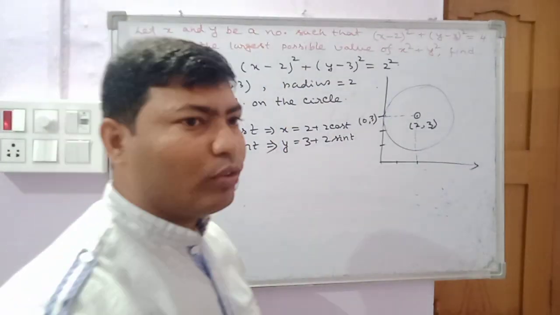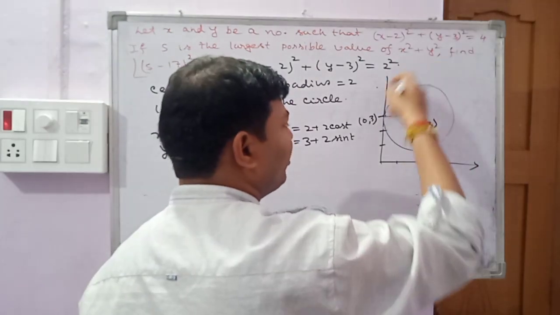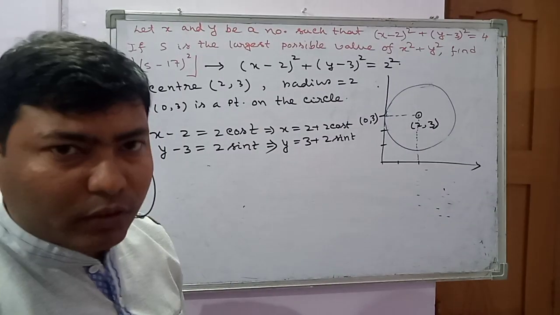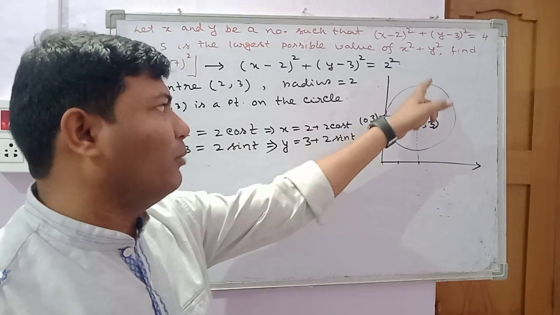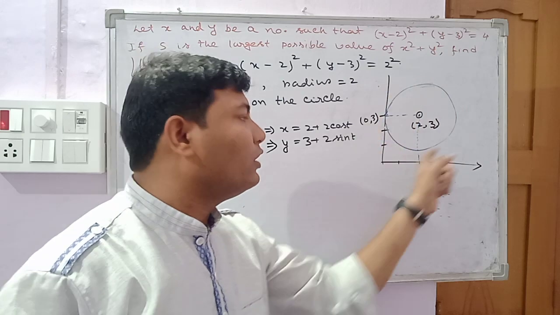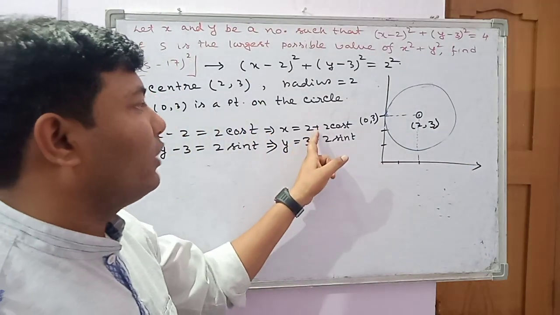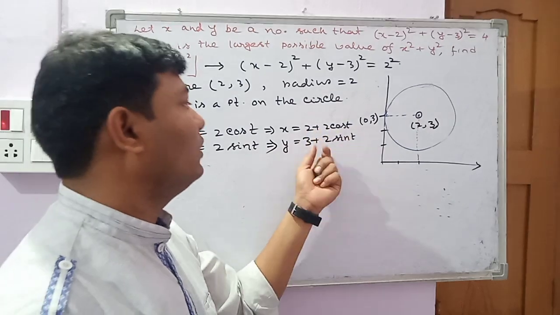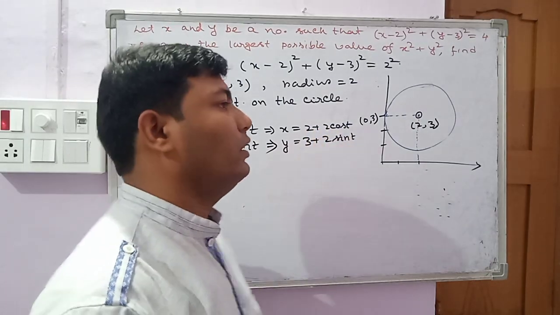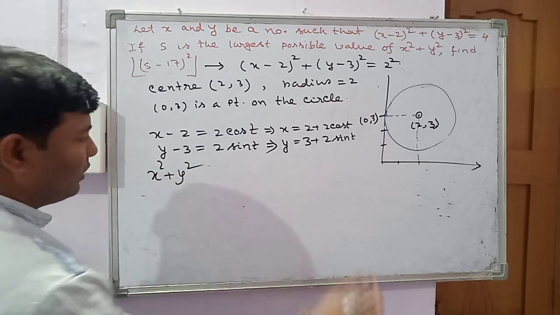Clearly x square plus y square will be maximum at some point on this curve. (x, y) is any point on this curve, so x square plus y square will be maximum for some solution of this equation, and the solution of the equation is (x, y), that is 2 plus 2 cos t, 3 plus 2 sin t. Now what is x square plus y square?